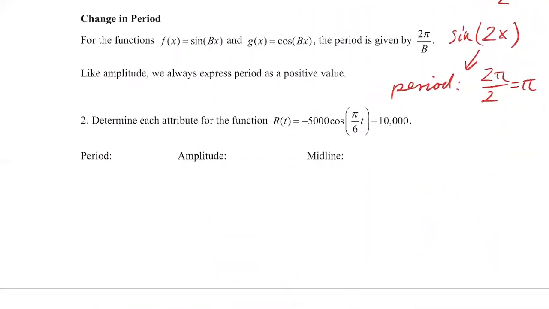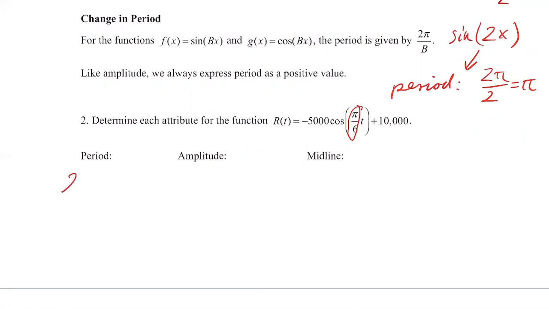Determine each attribute for the function r of t equals negative 5,000 cosine of pi over 6t plus 10,000. Big numbers, don't be scared. This is just an interpretation problem. Okay, we just said the period is 2 pi divided by your b value.